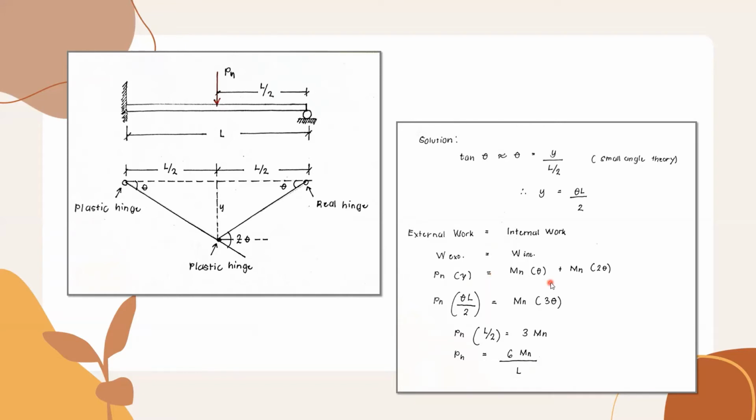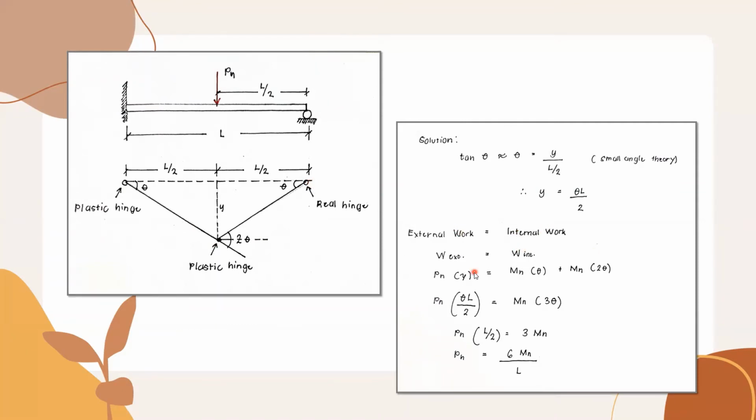Take note that in this example, we only have 2 plastic hinges. And this point of the mechanism, this point is a real hinge and no moment occurs at this point. So external work is equals to internal work.